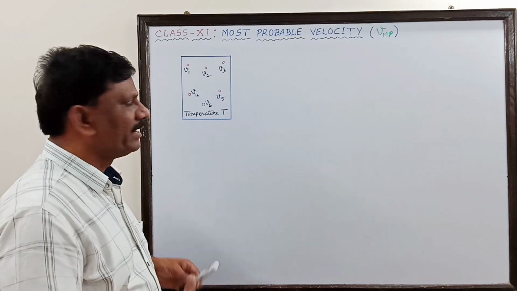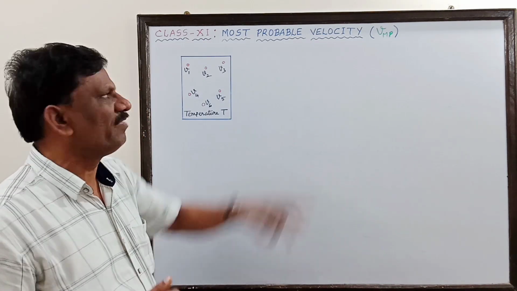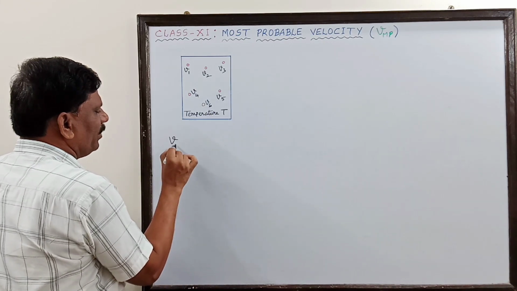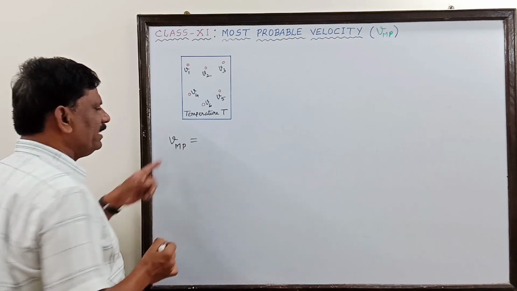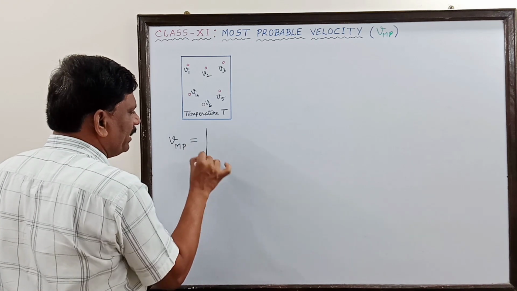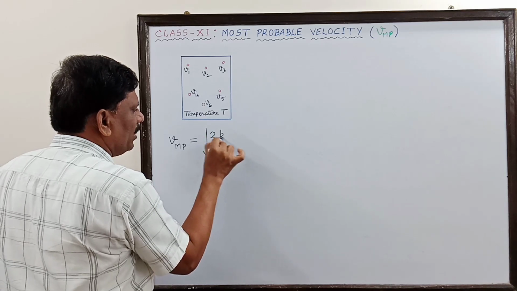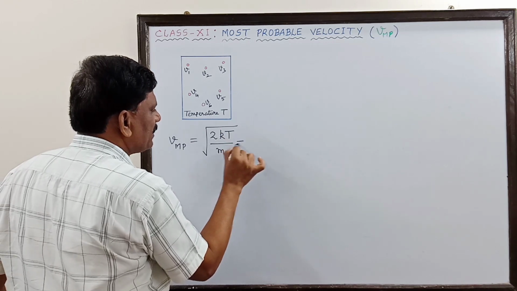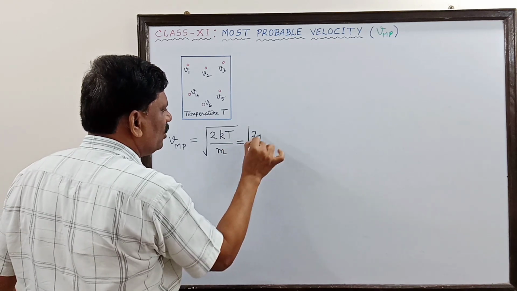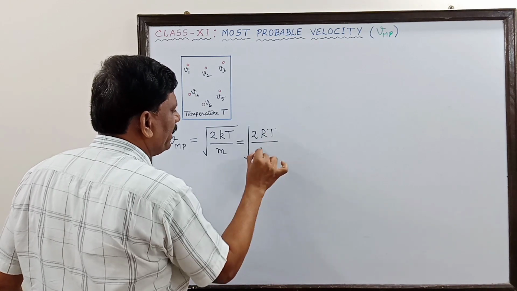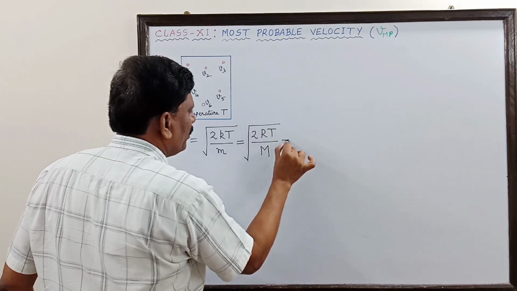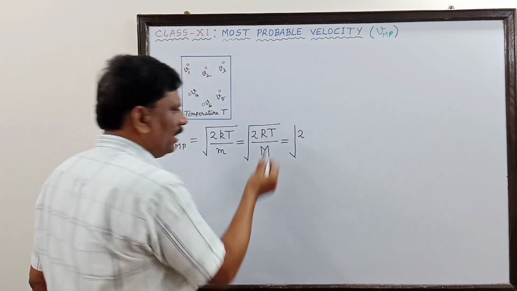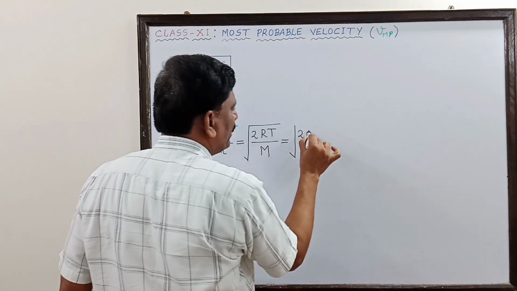And for this, directly we can go for the expression how to find the VMP. So the most probable velocity of the gas molecules, VMP, is found to be square root of 2kT divided by small m, and this is also equal to square root of 2RT divided by capital M. Once again, this can be written as square root of 2RT can be substituted by PV, as usual.